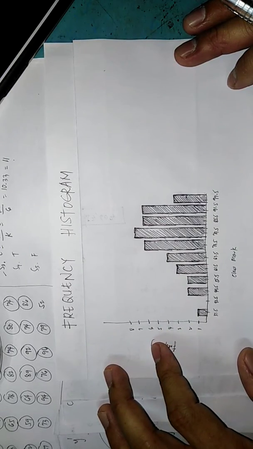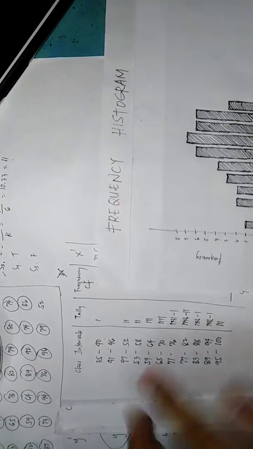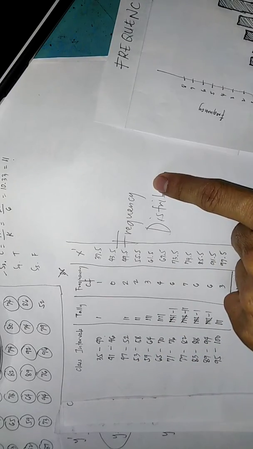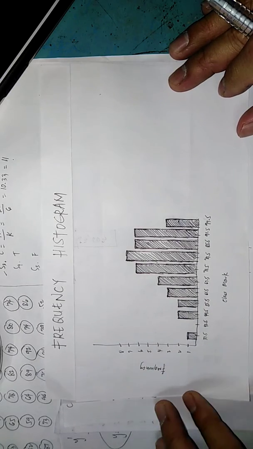The frequency histogram of this data. From the ungrouped, individual scores, down to the grouped using tables, down to the frequency histogram using graph. So, ungrouped, ito yung dalawang group presentation niya using table, the frequency distribution, and using graph, the frequency histogram. So, that's it.